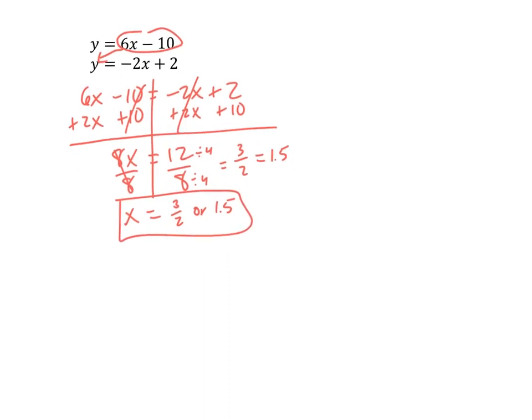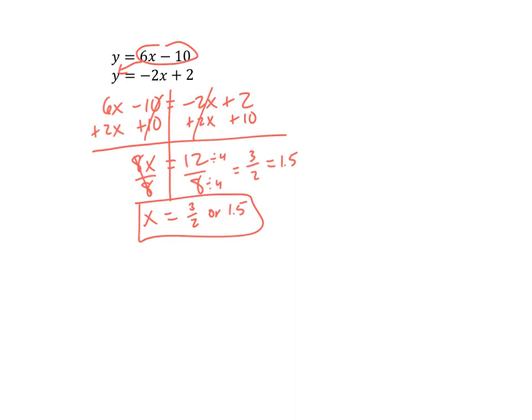And then we'll substitute that back in to find out what our y is equal to. We'll do that in our first equation. Y is equal to 6 times 3 halves minus 10. And I left it as 3 halves because you'll see this will be a little bit easier for us. This is like 6 over 1. So we can take out a factor of 2 here, and that leaves us with 1. If we take out a factor of 2 there, that leaves us with 3. Now we'll just have to multiply across.